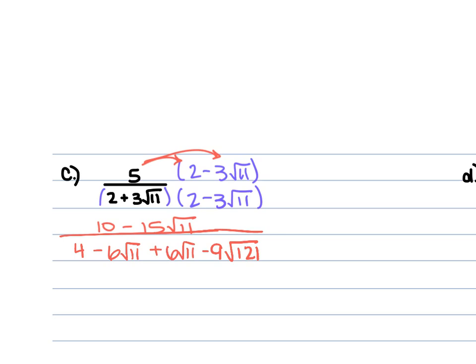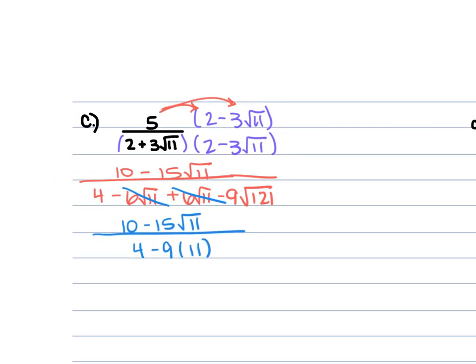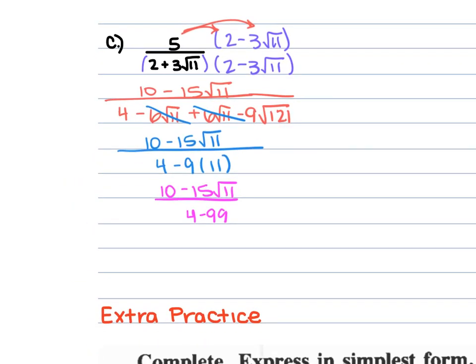From here, 10 minus 15 square root of 11 is going to stay. On the bottom, those 6 square roots of 11 are canceling. So we have 4 minus 9 times 11. 4 minus 9 times 11 is 4 minus 99. So 10 minus 15 square root of 11 over 4 minus 99. This is going to leave us with 10 minus 15 square root of 11 over negative 95.